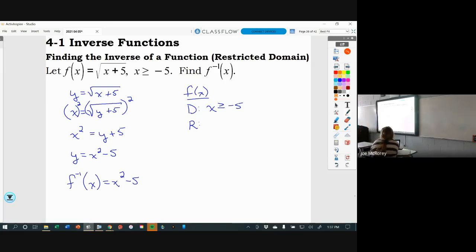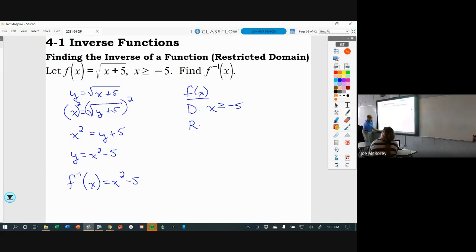If you were to graph the square root of x plus 5, what's the range? What are all the possible values of y for that function? Greater than 0. Why? Did you graph it, or are you paying attention to what's going on? What does this graph look like? It looks like this, right? So it's always increasing.